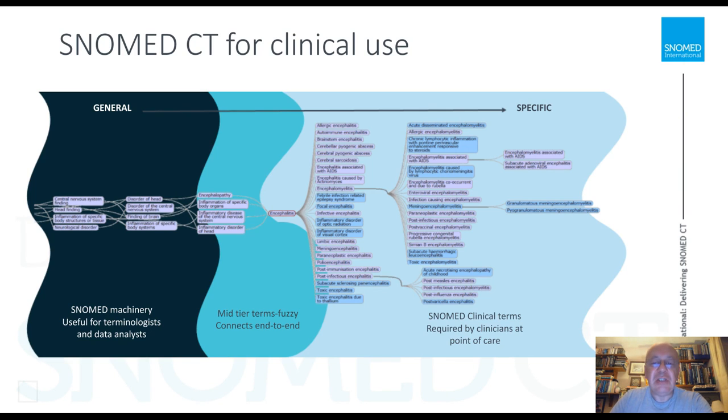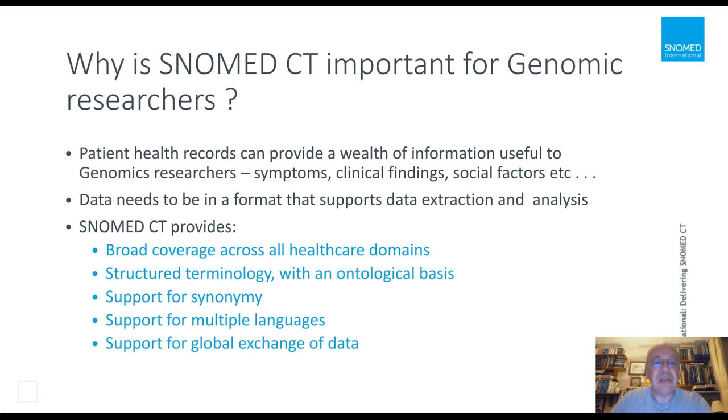The very detailed use, which is the concepts on the right-hand side of the screen, give you really detailed descriptions of clinical concepts and are used by clinicians at the point of care where they require that level of detail. But also on the left-hand side, SNOMED provides some higher level grouping terms, which are very useful both for terminologists and data analysis. And then in the middle, there are some middle terms which connect both the left and the right.